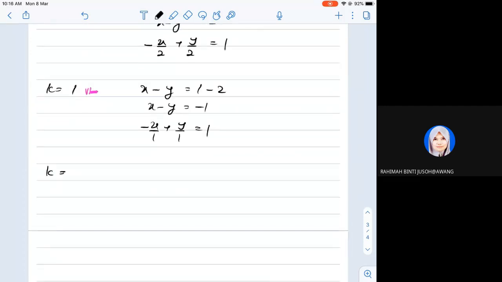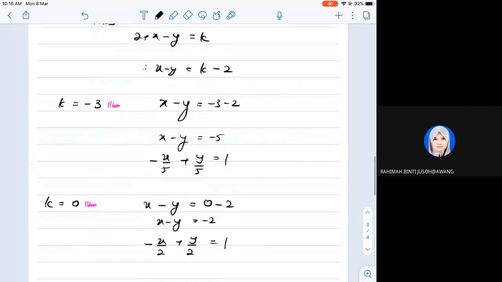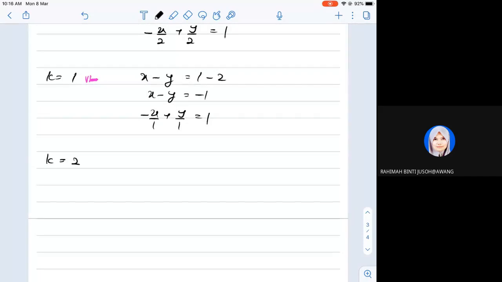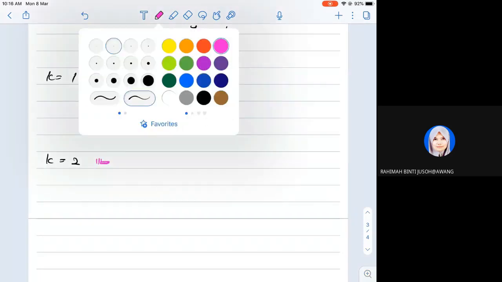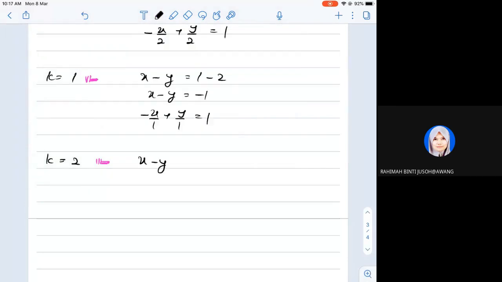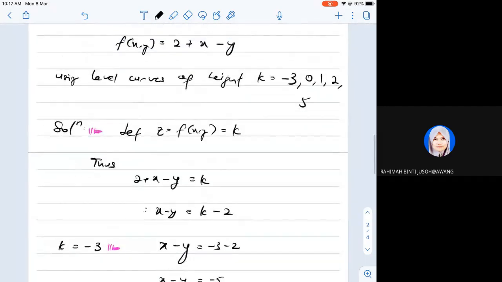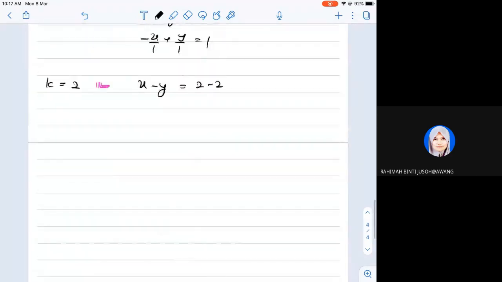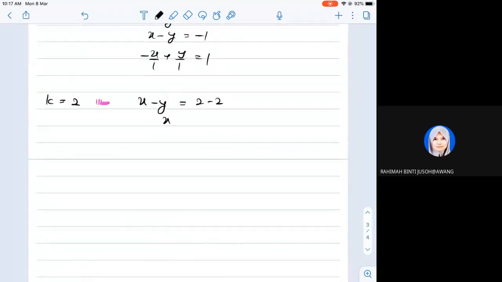So next k equals to 2. Okay. K equals to 2. You will have x minus y equals to 2 minus 2. So we will have 0. X minus y equals to 0. Therefore, x equals to y. Right?